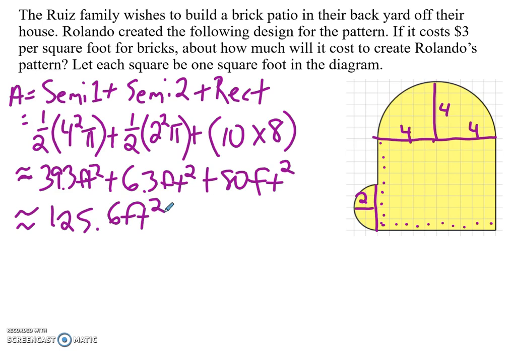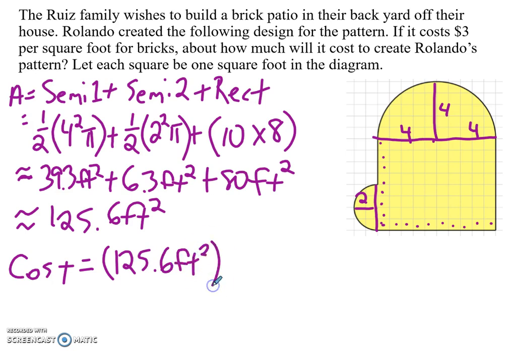Now I know my cost is going to be my area, 125.6 square feet, times, well, what's the cost per square foot? It's $3 per square foot. So that's $3 over square feet, and that's why my square feet cancel, leaving me just with the cost.